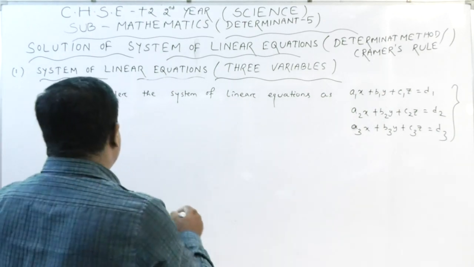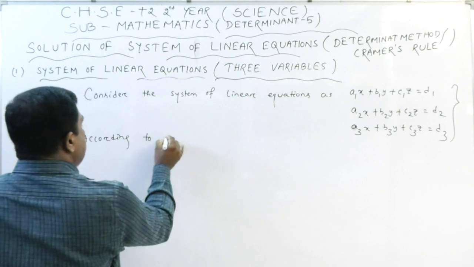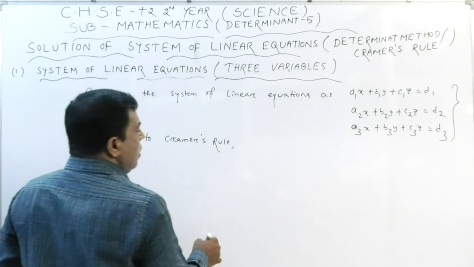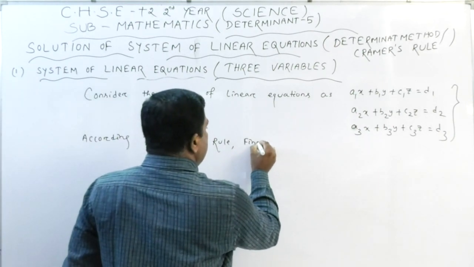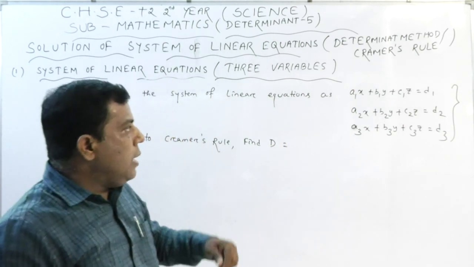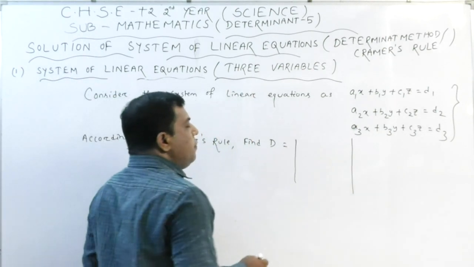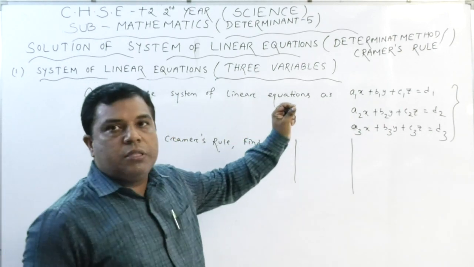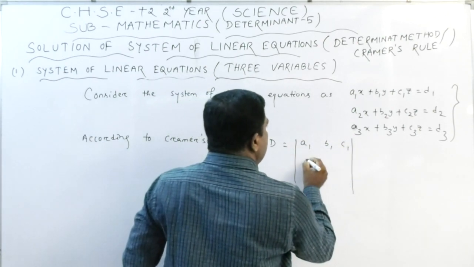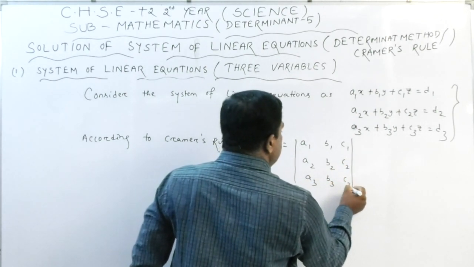According to Cramer's rule, first find D. As we did in two variables, similarly here we have to find D. It contains the coefficients of the three variables x, y, z, that is a1, b1, c1, a2, b2, c2, then a3, b3, and c3.